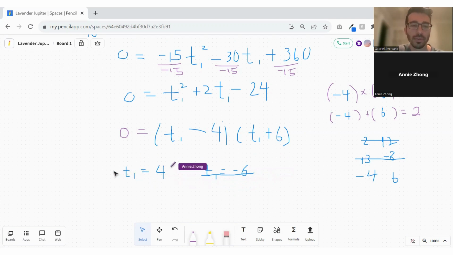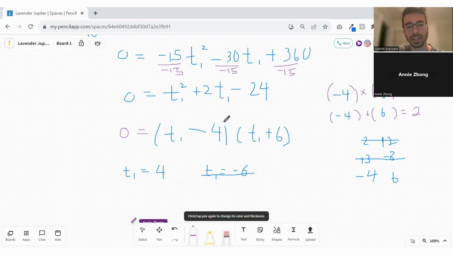Perfect. And before we talk about that answer, do you know why you can split this up and just solve them individually? Basically you solve this one and then you solve that one by itself. But do you know why you can do that?